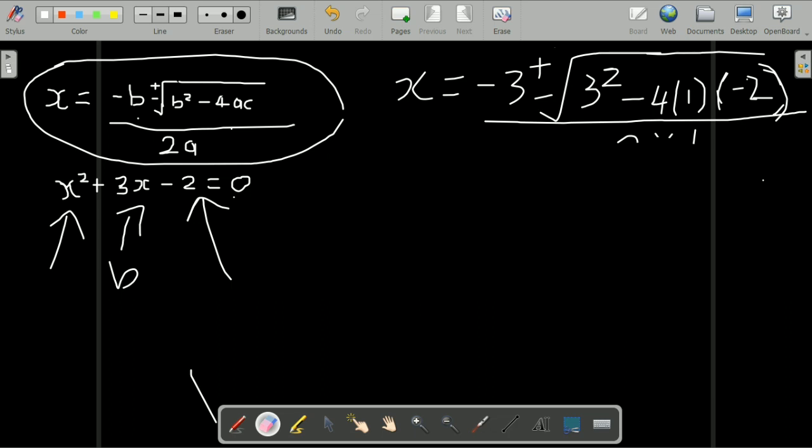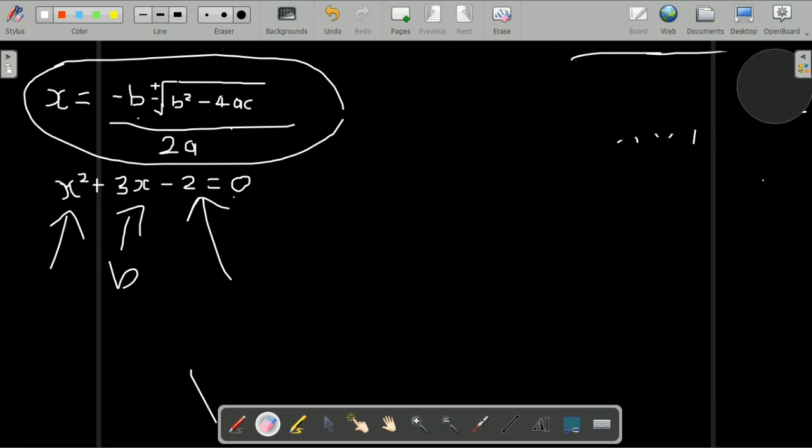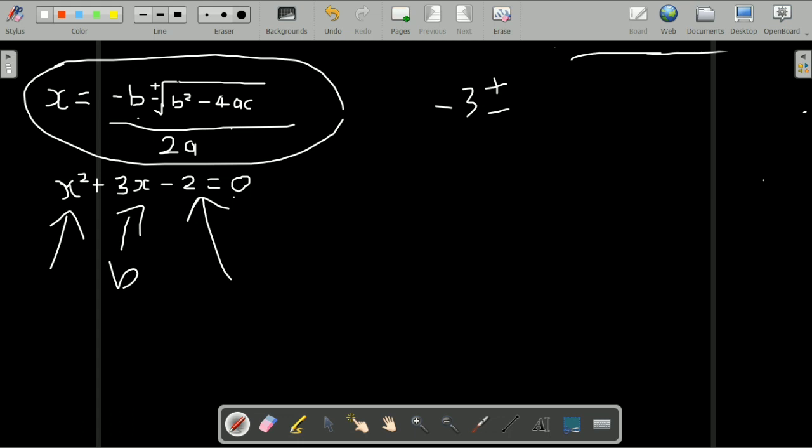Okay, let me first rub all this. Remember our last statement. Our last statement was negative 3 plus or minus the square root of 17 on top, out of a 2. So what's the square root of 17? Let me check my calculator.